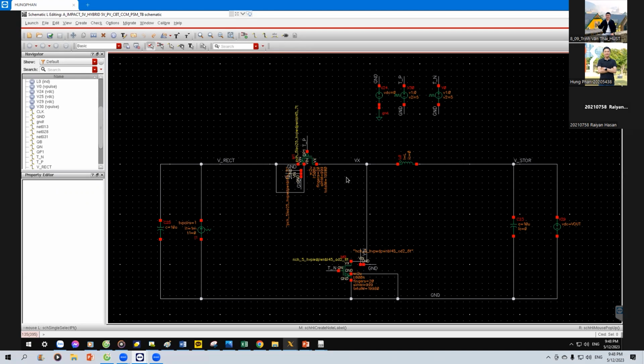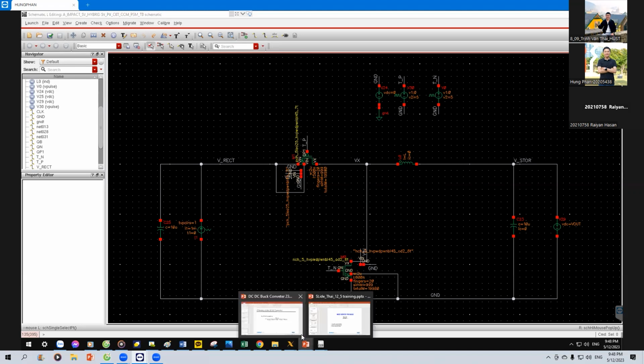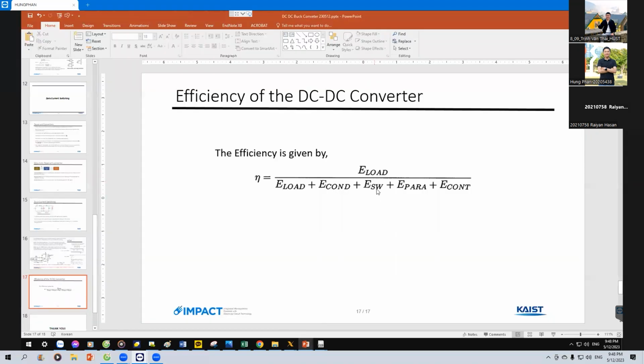In this simulation, it is already calculated as your thermal loss. So the output will be input power minus conduction loss. However, you have to calculate switching loss.